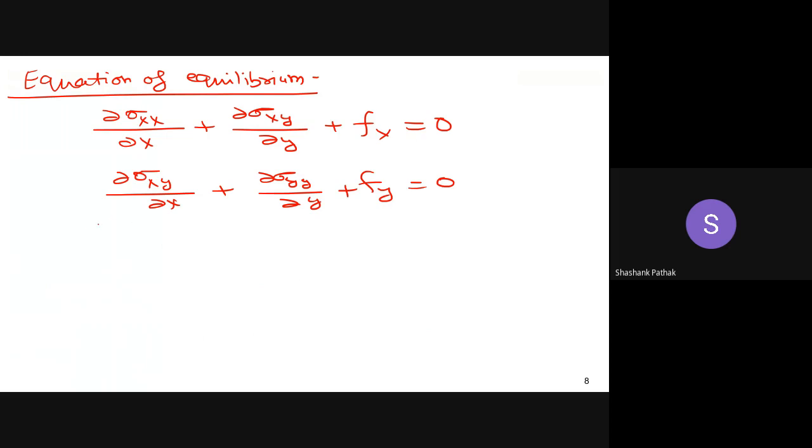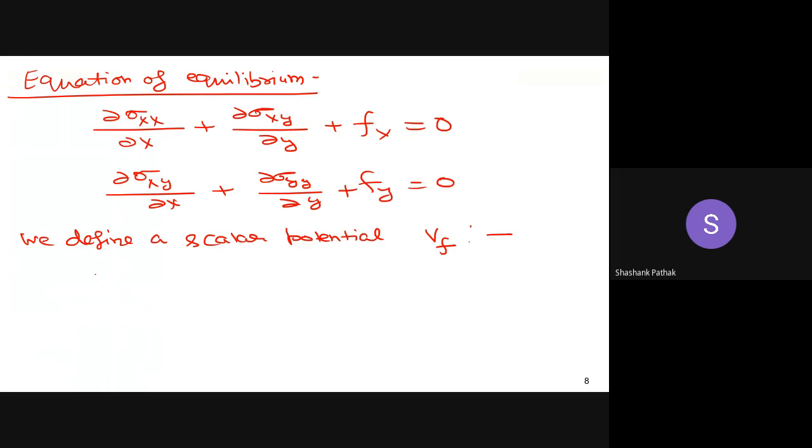Now here you have to listen very carefully. When we use this Airy stress function approach, the Airy stress function is basically some kind of function, and that function is also known as a potential. So for body force, we define a scalar potential, defined as Vf. And what is the definition of Vf?